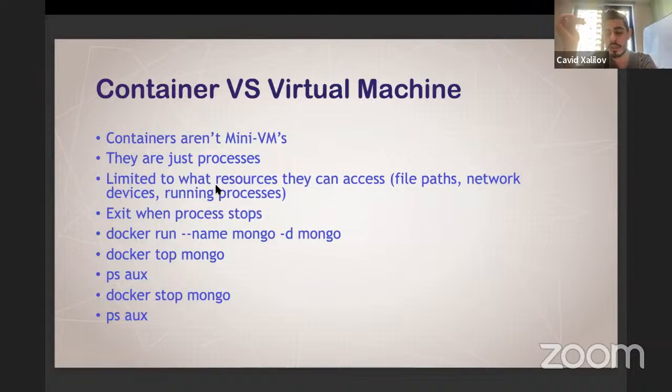It's just a process in your task manager. So if you even open the task manager, you can see some processes listed there from Docker. So Docker runs inside your operating system. It's not another operating system. It's a process inside your system.